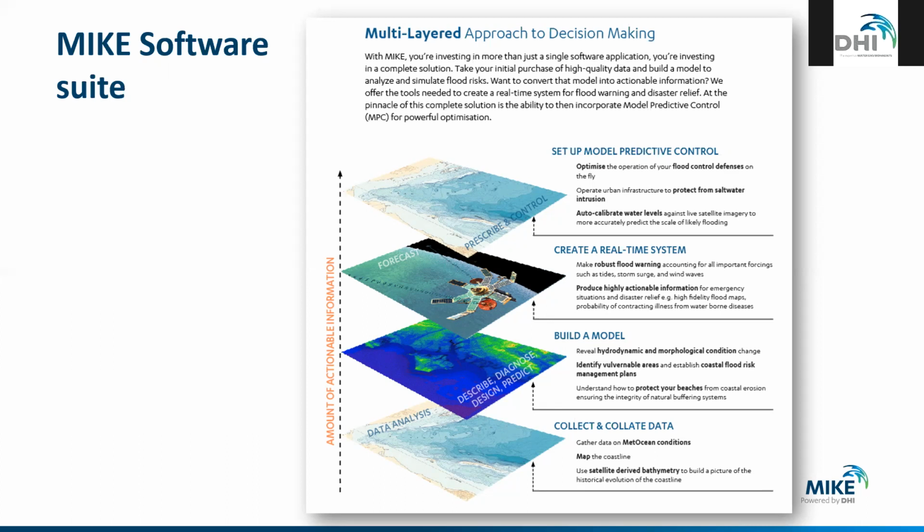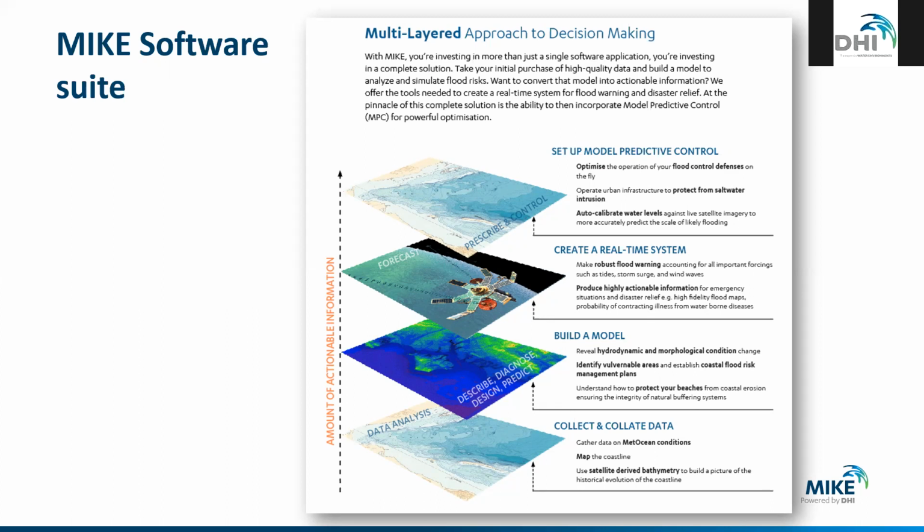And of course, once you've invested in setting up a simulation model, you can do way more with that model than just design analysis or planning assessments. You can take that model to the next level, the next layer, and actually carry out forecasting with that model in a real-time system.